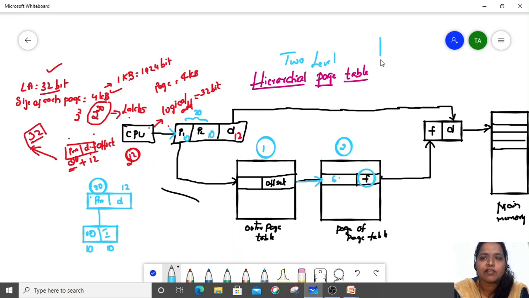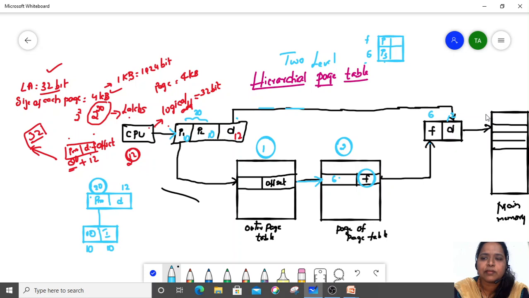As we have already seen in the paging concept, we have frame numbers and page numbers. So suppose page 3 is loaded onto the sixth frame. Now this frame number is going to be taken, and the displacement, at which position? 12th position. Sixth frame, 12th position, my actual data is there.